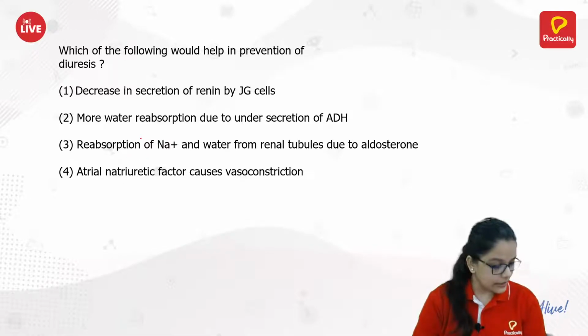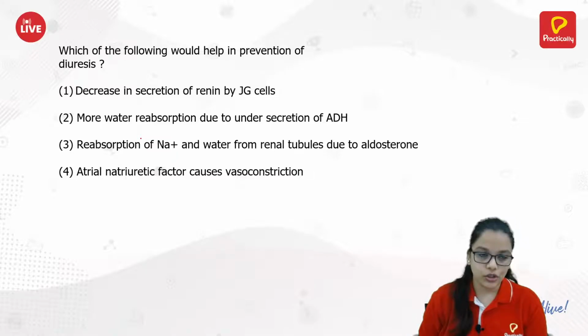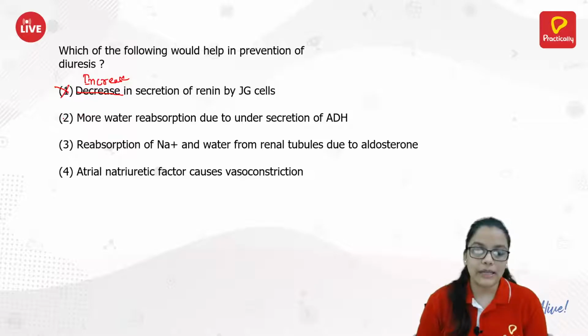Can anyone answer? If anyone is there, they can answer, or I'll put the solution. See, decrease in secretion of renin by JG cells will not prevent diuresis; an increase will. So this is wrong. More water absorption due to under secretion of ADH: this would not give more water, it will be less water, so this is also wrong.